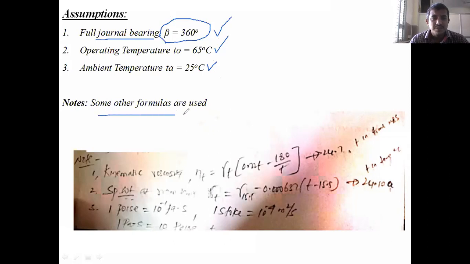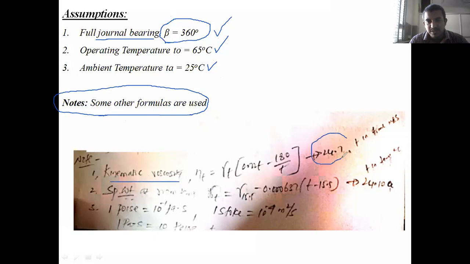Suppose in the problem some other formulas are also used in order to calculate these things. What are the other formulas? One is kinematic viscosity. Already we use this formula in equation number 24.7. Then the specific weight of the lubricating oil, for that we use equation 24.10.